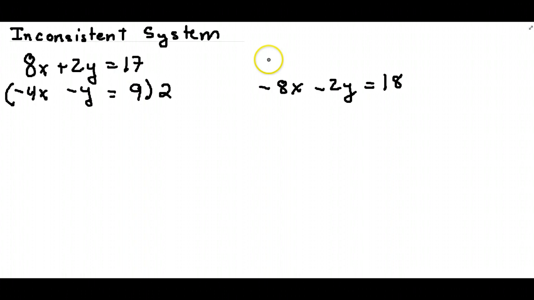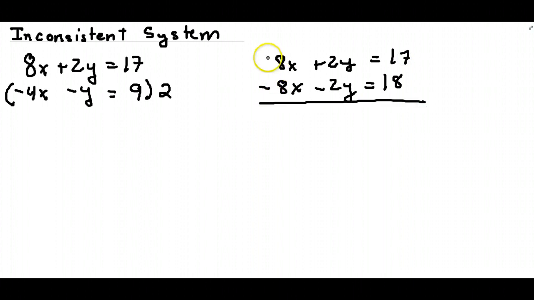Now our first equation was 8x plus 2y equals 17. So let's go ahead and add these because we want those 8x and negative 8x to drop out. So 8x minus 8x is 0. Now if we look at our second one, we have a positive 2y plus a negative 2y.